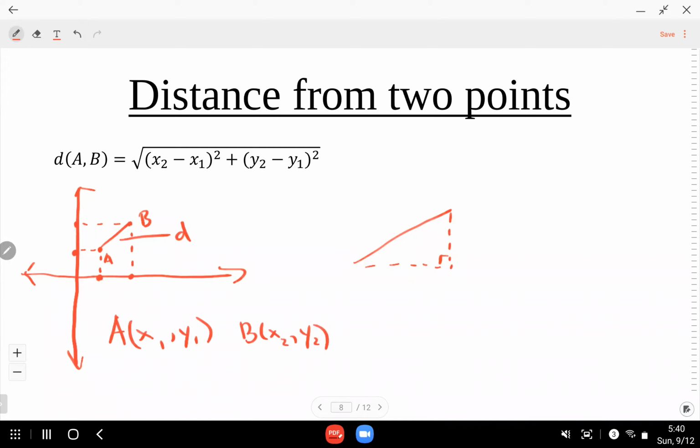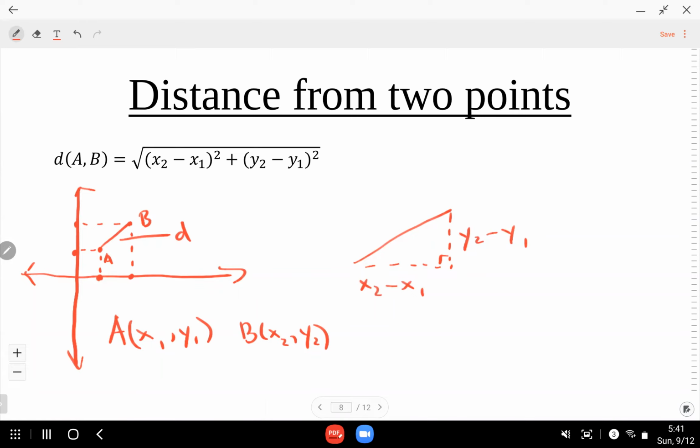So to get the height of this right triangle, we need to use the Pythagorean theorem, so we need to know these heights and lengths, okay? We need to find the height of this. So basically what we do is just y2 minus y1, right? To get the height of this triangle. Now for the length, same idea, x2 minus x1.